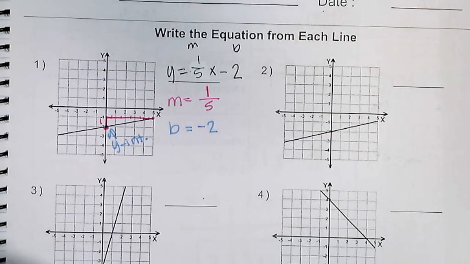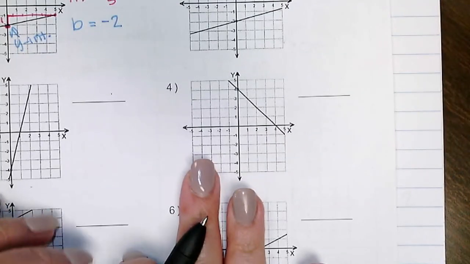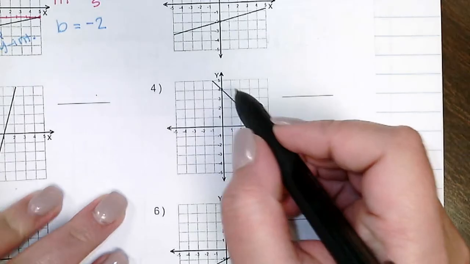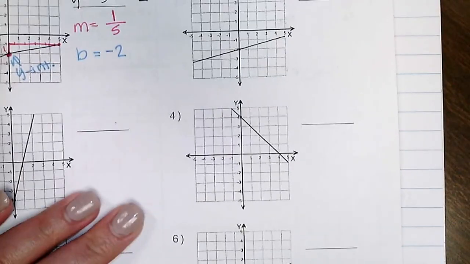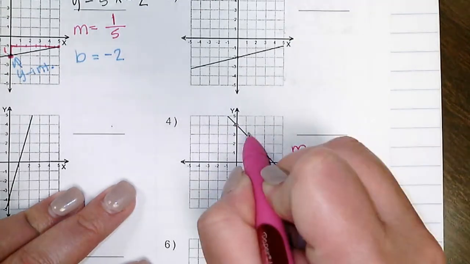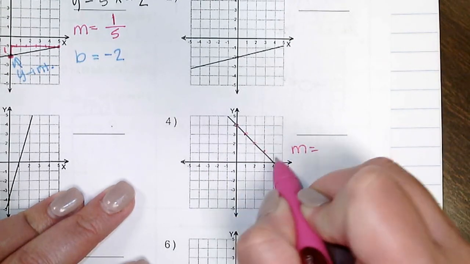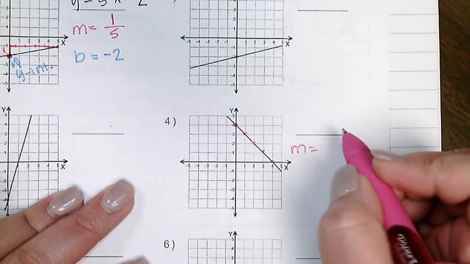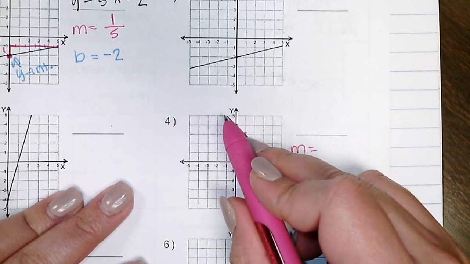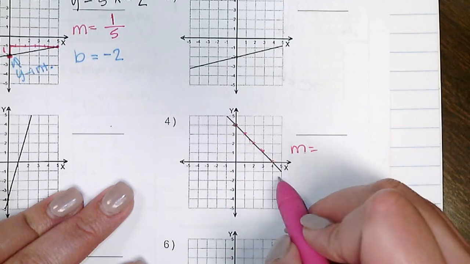Okay, so let's look at number 4. Number 4 is a little different. On number 4, the first thing we have to do is find the slope. Here's a perfect point, and it looks like the slope is 1. However, it's going down. That means the slope is not 1, but -1.